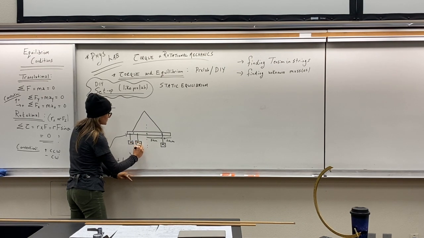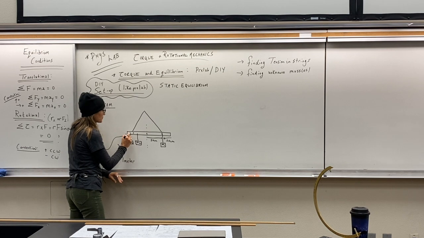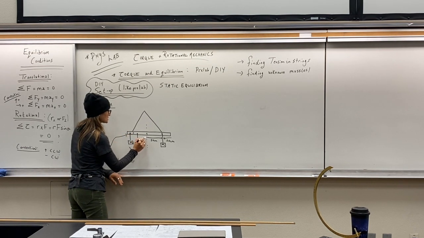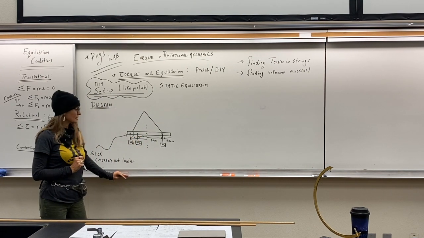Okay, so we have M2 and M3 and we're adjusting these at different positions. So we want to mark what these positions are because these positions will be very important in finding the torques that they produce.